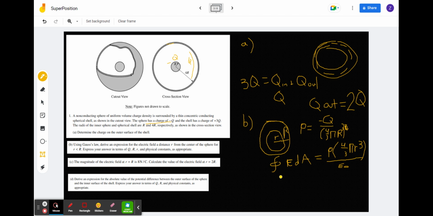Now E is constant, so this just becomes E times A, where A is the surface area of the sphere. And we can simplify the expression at the top to negative Q over epsilon naught times small r cubed over big R cubed.